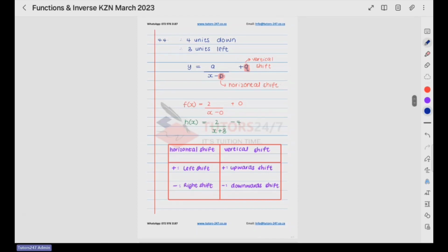In order for the graph to go from f of x to h of x, it was shifted 4 units down and 3 units left. There's some notes that you can go through later on. I will upload the PDF to the shared folder, and you can go through these notes a bit later as well.